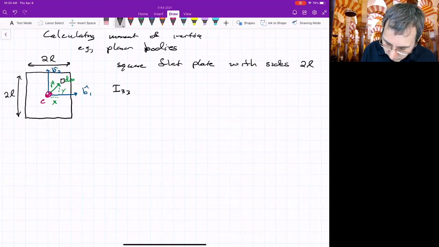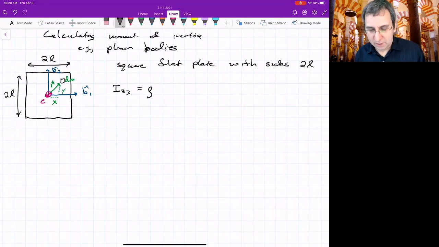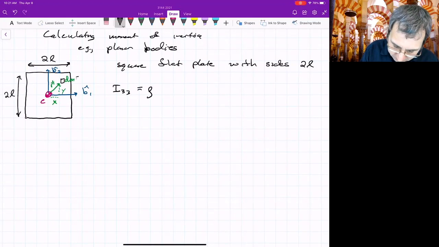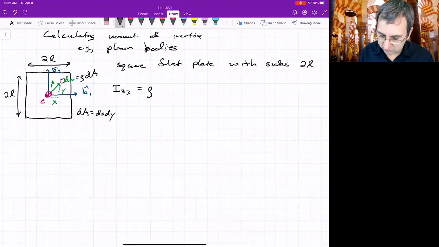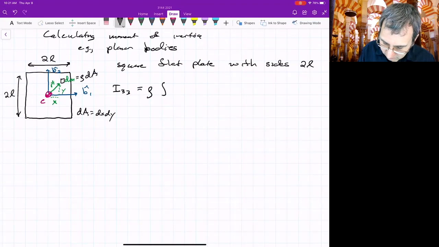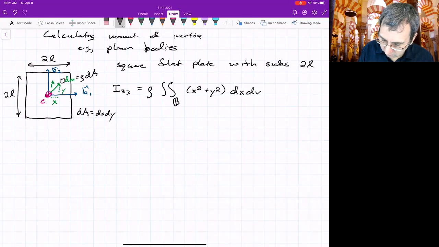I33 would equal, I've got a uniform density. And here, if you have the flat plate, instead of a volume element, you're actually integrating over little area elements. So this is rho dA. dA is going to be dx dy. So pull out the density here. And just from the formulas, this would be double integral over, it's a planar body, x squared plus y squared dx dy.